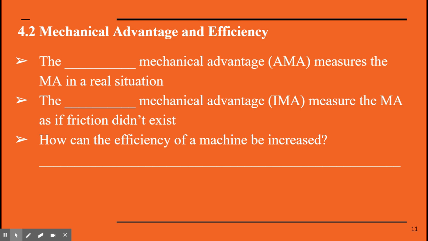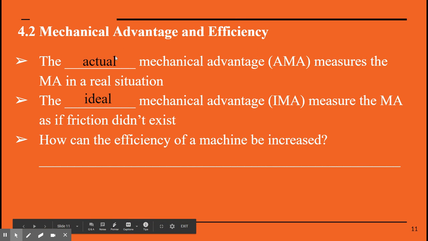Two types of mechanical advantage. There's AMA and IMA. There's actual and ideal. Ideal mechanical advantage would measure the perfect amount of mechanical advantage that's possible, so if there's no losses due to friction, heat, or any other factors. AMA is actual mechanical advantage.